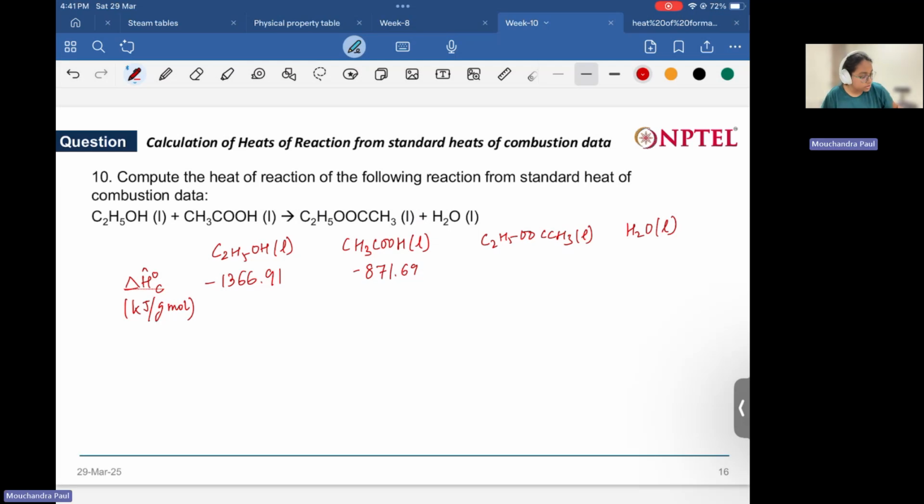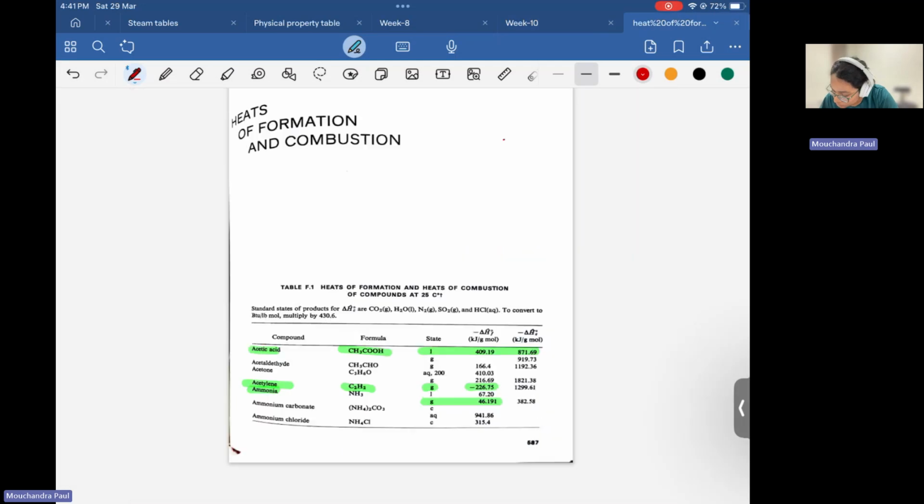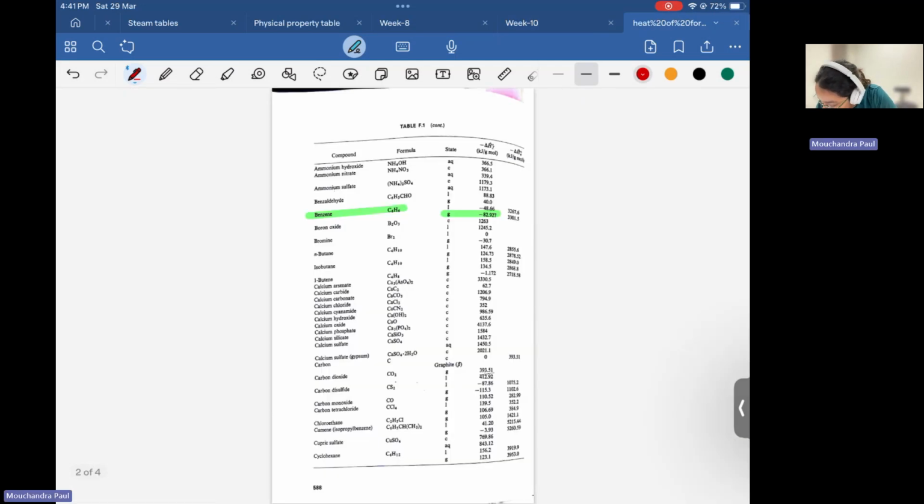The next component is ethyl acetate, C2H5OOCCH3.